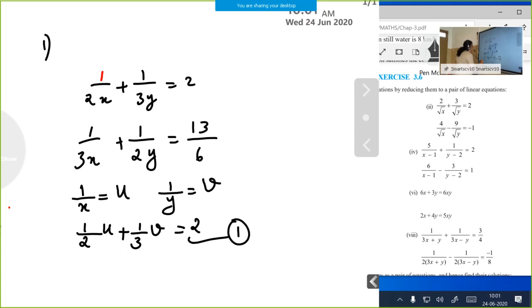This is our equation number 1. Then transform the second equation: 1 by 3 into u plus 1 by 2 into v is equal to 13 by 6.